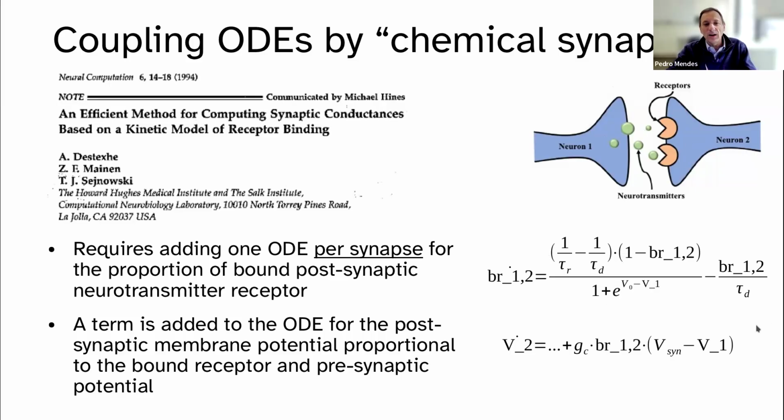So people have tabulated values for specific types of glutaminergic neurons and dopaminergic neurons and the different kinds of neurons. There are parameters, these tau R, tau D, and V0 and Vsyn. These are the basic parameters of these synapses and their tabulation. So you can use the base model that has these parameters and then just adjust the values on each unit. Yeah.